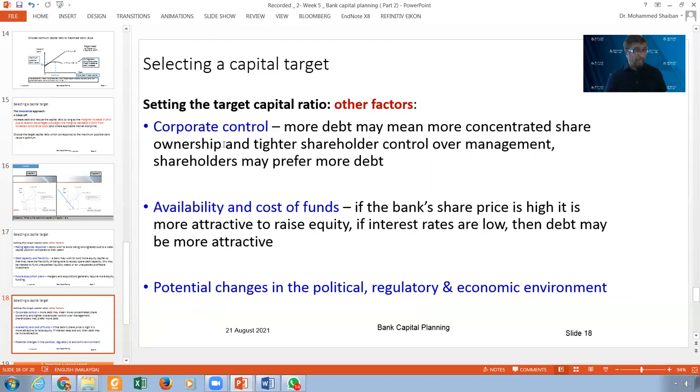Now, the corporate control is under consideration. If the management of the company, or the bank, is trying to take over the bank, then in this case they will take more and more debt, leveraging more and more, until you reach a point where, because you take debt and do a payback, which means you buy your stocks from the market, the shareholders and the capital keep decreasing with the increase of more debt.